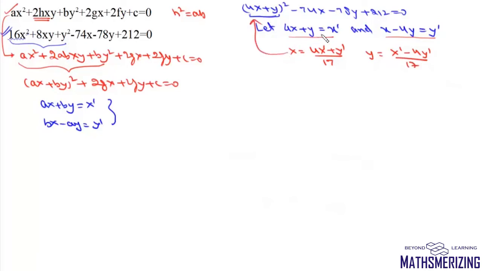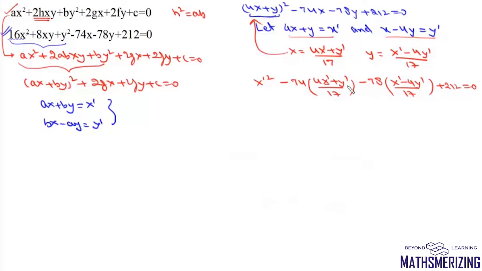Now 4x plus y is simply x dash, so I'll write x dash square, and this is 74, and x is 4x dash plus y dash upon 17 minus 78, and it is x dash plus 4y dash upon 17, and plus 212 equals 0.